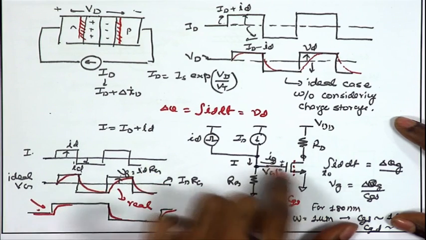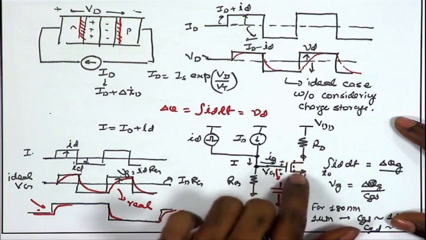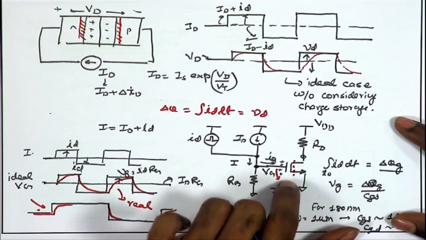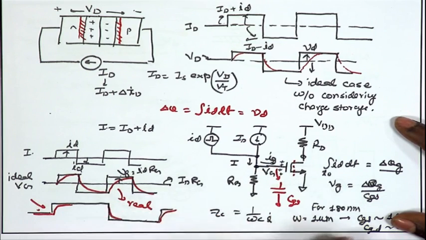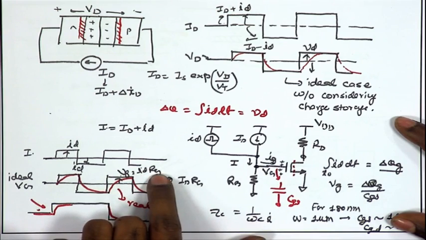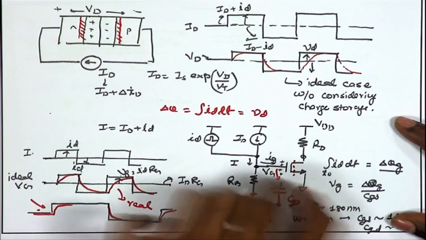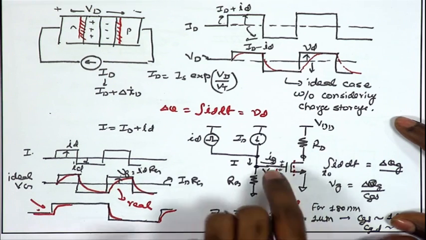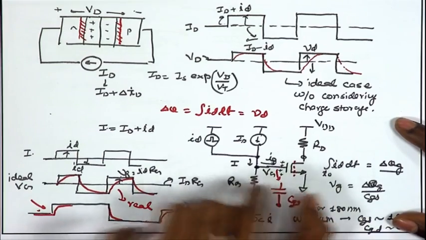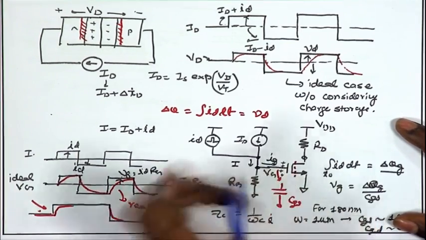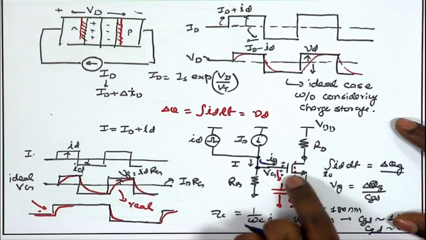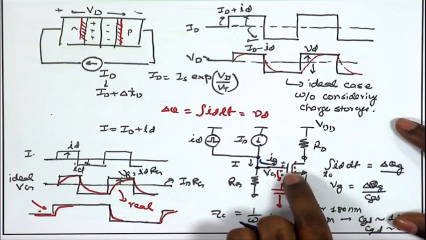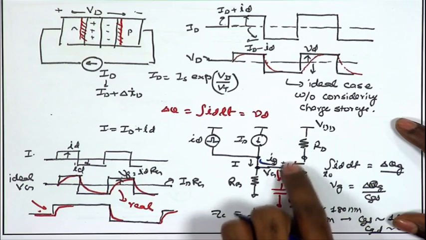But in order to increase that much gate voltage, I must also ensure an equal amount of negative charge being produced in the channel, so that this additional positive charge, which is small ID RG times this effective capacitance, is balanced by the negative charge. So, in order to allow this additional positive charge, I must divert some of the current to the MOS gate. Initially, some part of the current will be utilized in increasing the positive charge count on the gate.